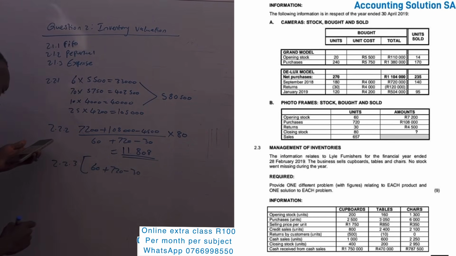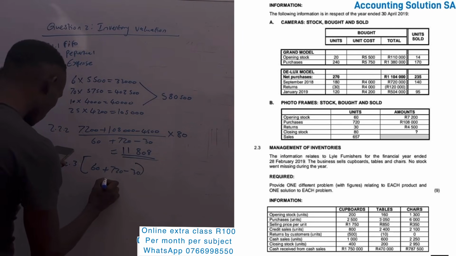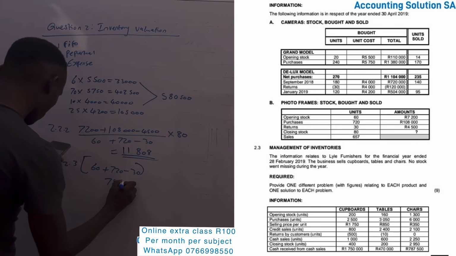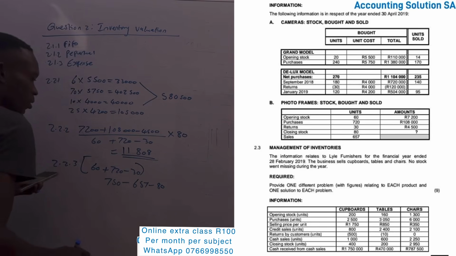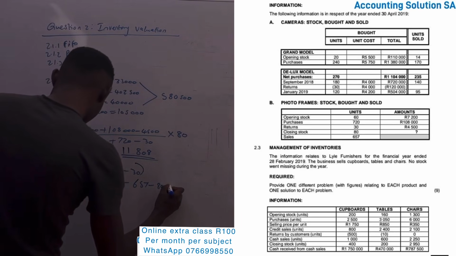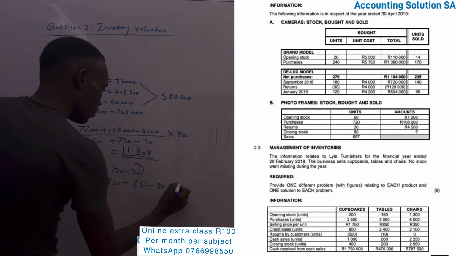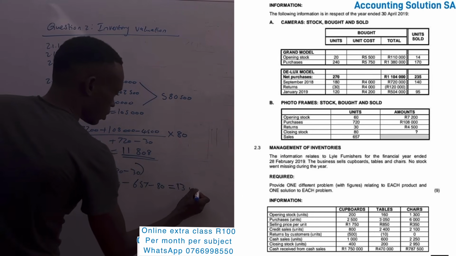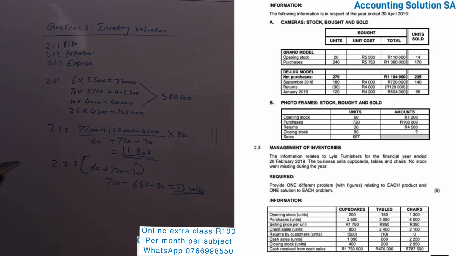Then we're going to get a net of 750. Then after that we subtract what we sold, 657, and we subtract 8. Then we're going to get 13 units. That's how we calculate it.